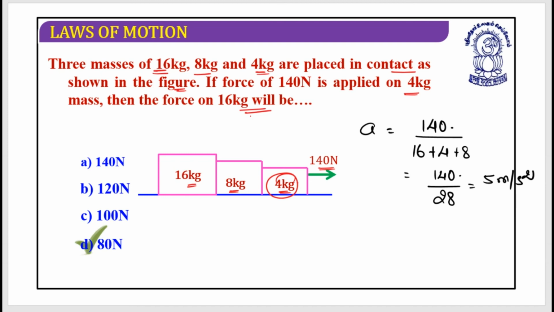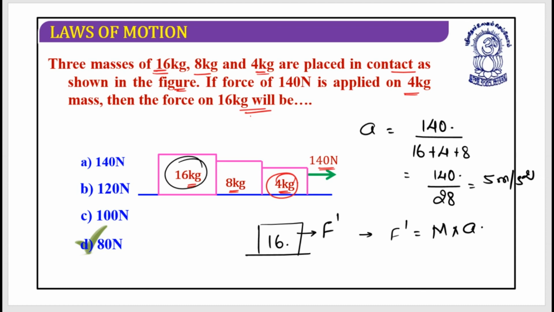You require the force acting on the 16 kg body. So this 16 kg body will have a certain force acting on it. Let's write it down as F dash, and F dash is equal to mass into acceleration.